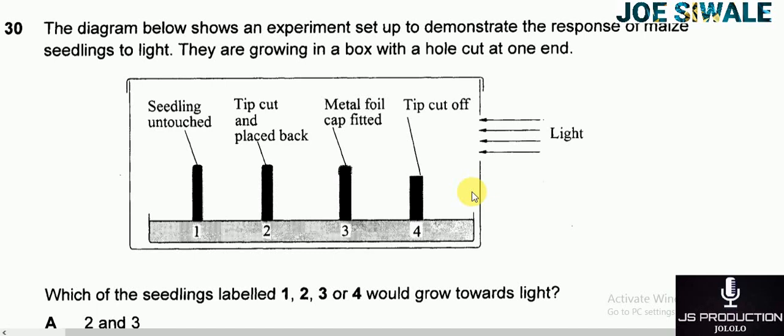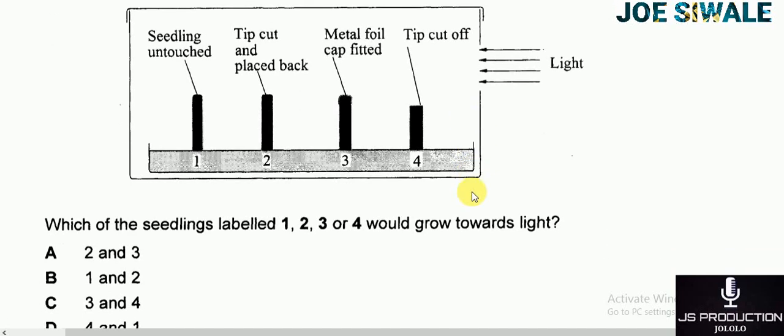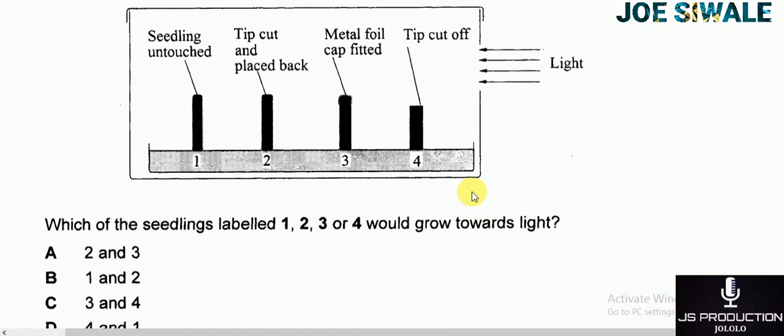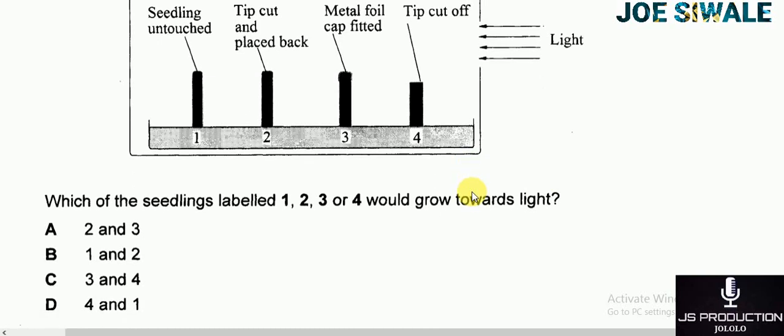The question proceeds: which of the seedlings labeled 1, 2, 3 or 4 would grow towards light? A I have 2 and 3, B I have 1 and 2, C I have 3 and 4, D I have 4 and 1. So here my answer is 4 and 1.